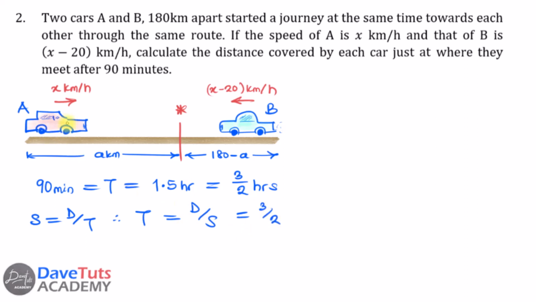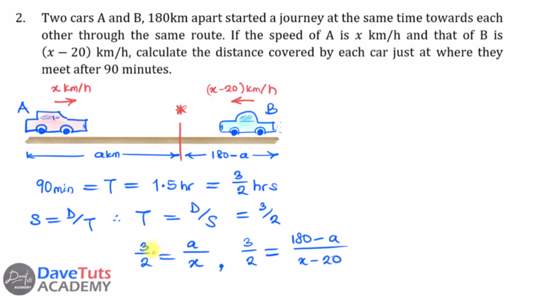For A, the timing for A, which is 3 over 2, is equal to, what is the distance for A? It is A, and what is the speed? That is x. And then for B, I have that same 3 over 2 is equal to, what is the distance for B? It is 180 minus A, and what is the speed for B? That will be x minus 20.